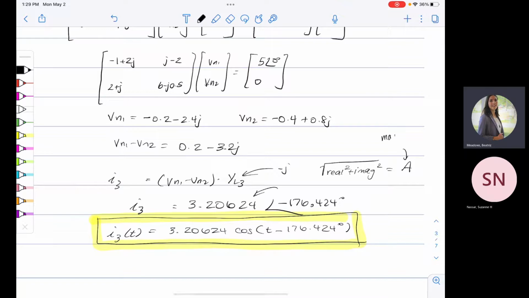So I put this one here in Inspire. That's not accurate. That's just Vn1 minus Vn2.